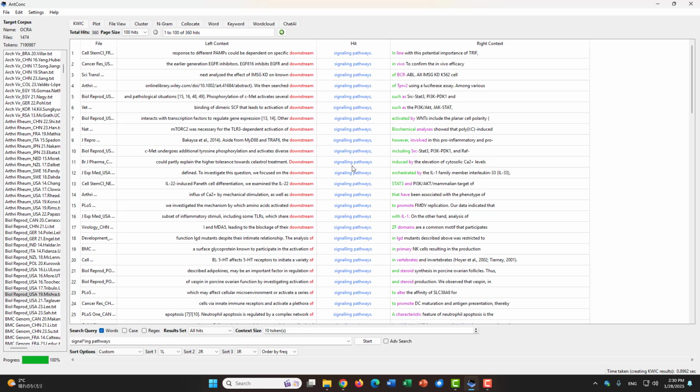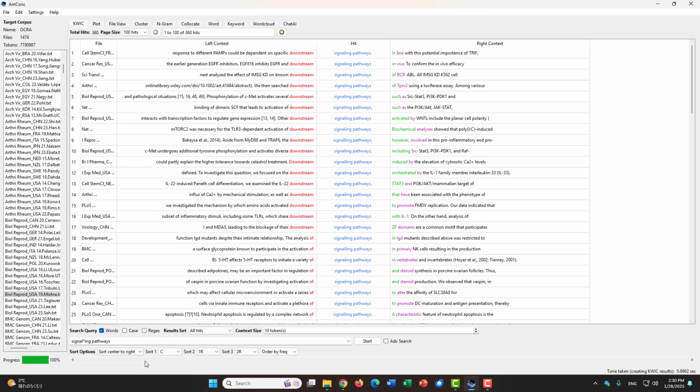And now we can see here there's some double L's in the data and some single L's. If it's really important to you to find the difference between the double L and the single L, you can also sort center to right or center to left.